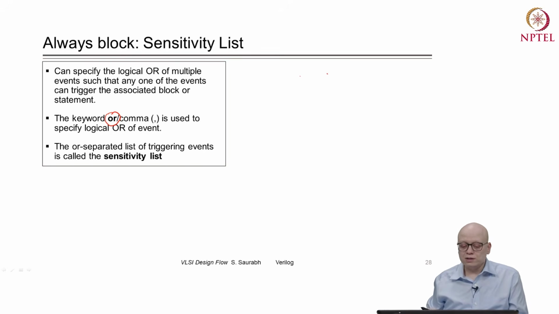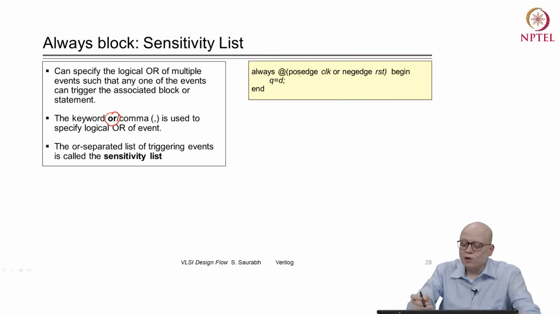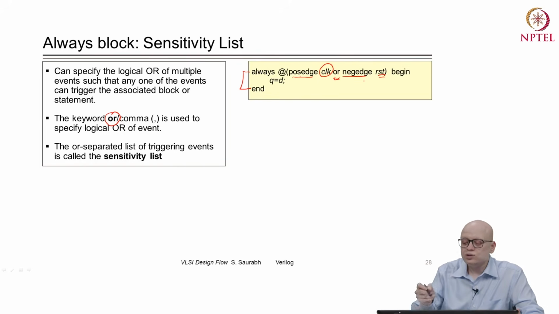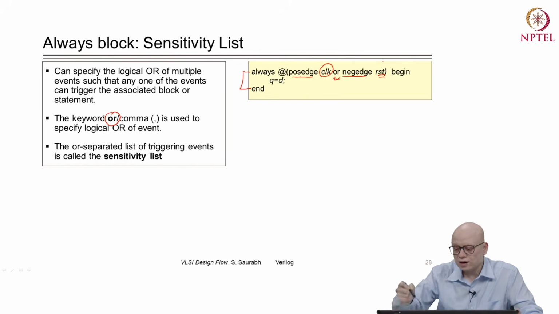For example, if we want this always block to get triggered when there is either a pos edge of clock or a neg edge of reset, then we can write: posedge clock or negedge reset. The OR separated list of triggering events is called the sensitivity list. In this case there are two signals in the sensitivity list, clock and reset.